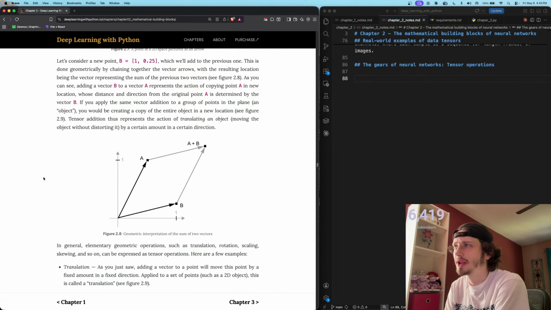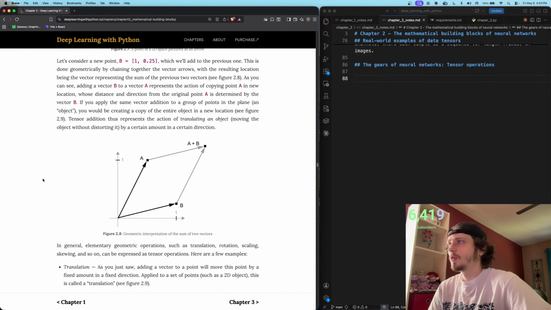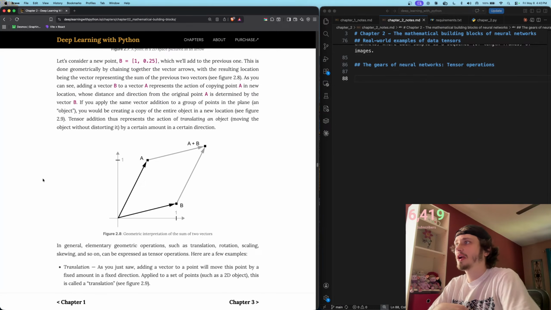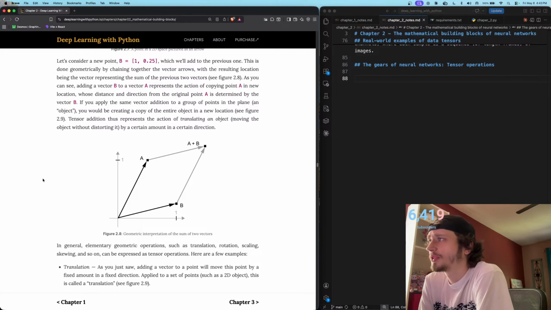Let's consider a new point, B, which is 1, 0.25, which we'll add to the previous one. This is done geometrically by chaining together the vector arrows, with the resulting location being the vector representing the sum of the previous two vectors.